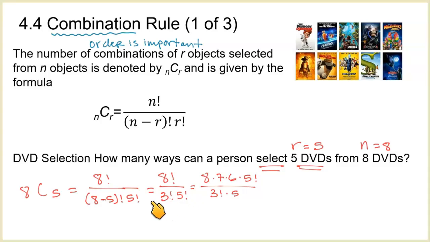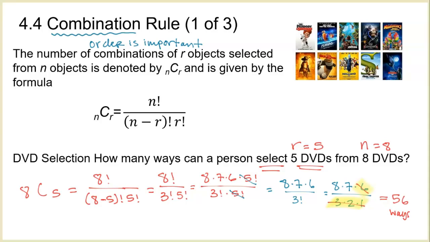Since there's 2 numbers, I can either write this all the way out to 3 factorial, or I like to write it out to the bigger number, which is in this case 5 factorial, and then I can eliminate the 5 factorial, and I know that 3 factorial is just 3 times 2 times 1, which is the same thing as 6, so that gets eliminated, and then I can get it down to just 2 numbers, 8 times 7, which is a little easier multiplication than thinking about what's 8 factorial divided by 3 factorial times 5 factorial.